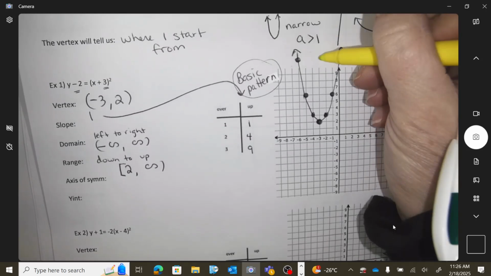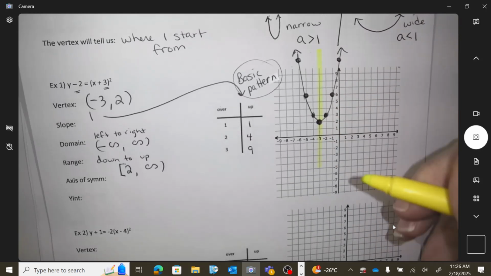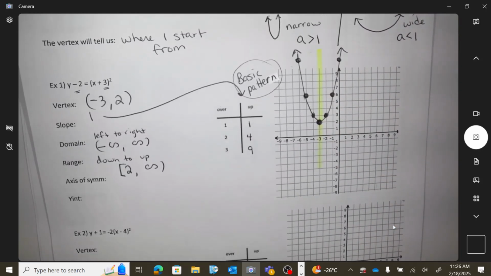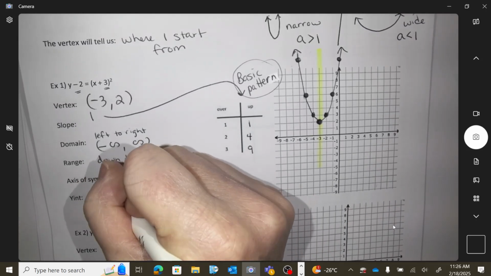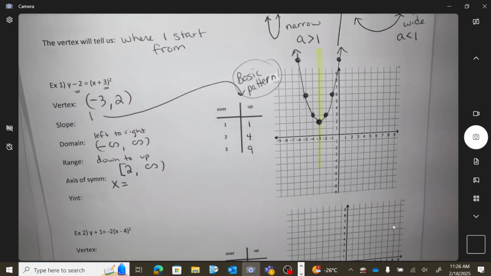Axis of symmetry. So I'm going to draw you what that would look like. If I could cut this in half, boom, I'm going to cut right there. Symmetry means you could fold over. How do you make vertical lines? X equals makes a vertical line.